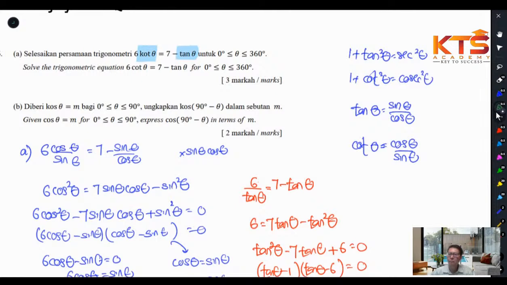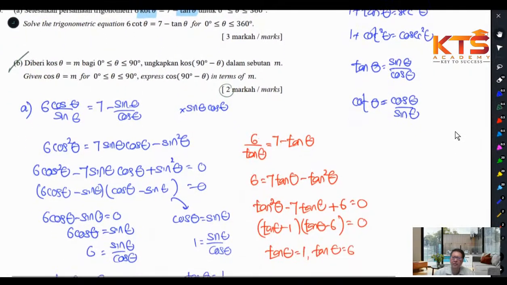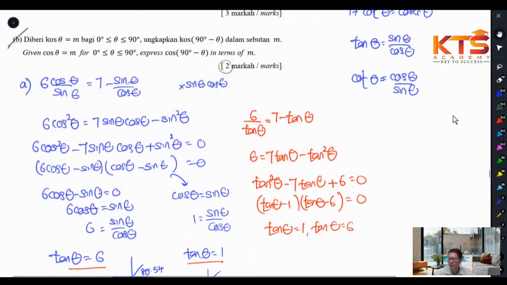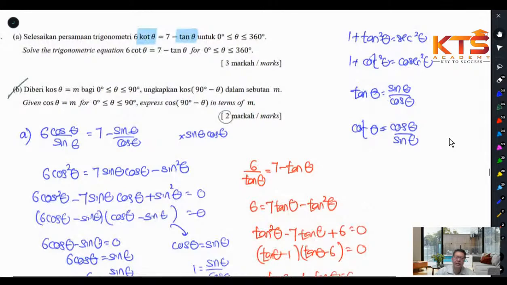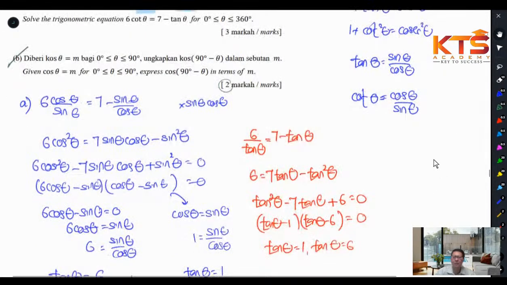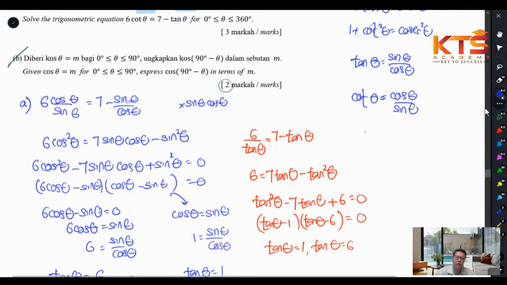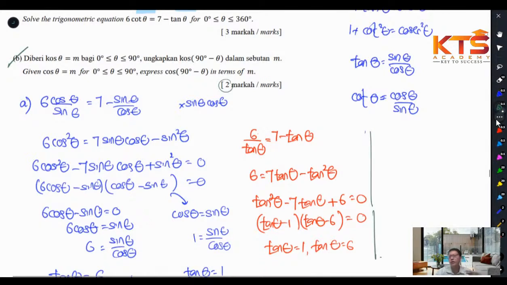B. So it's 2 marks. Again, we have how many ways to do this one? Usually you have more than one method. If it is just 1 mark, then it will be a bit difficult to choose which working to use, but if it is 2 marks, I am willing to produce 6 steps.